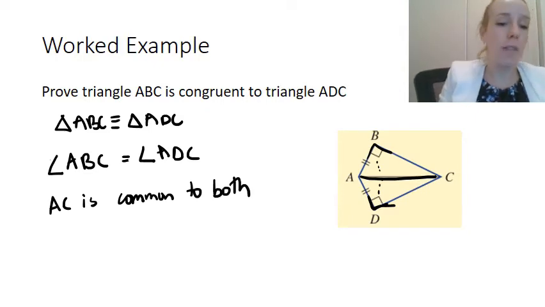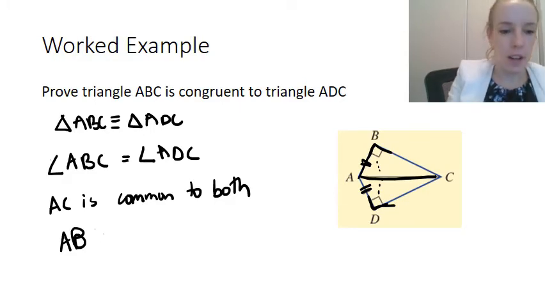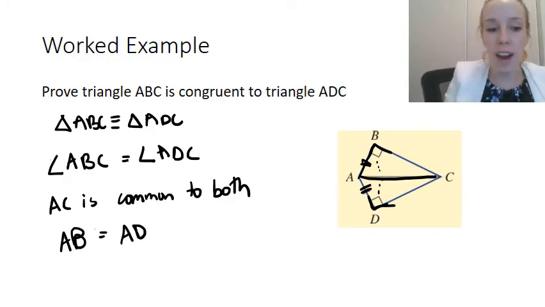And then they also have a corresponding side. So AB, that length there, we know is equal to the length of AD because they've got the same marking. So if we look there, we've now satisfied our rule, RHS, because they have the right angle, they both have the same length of hypotenuse, and they both have an equal side.